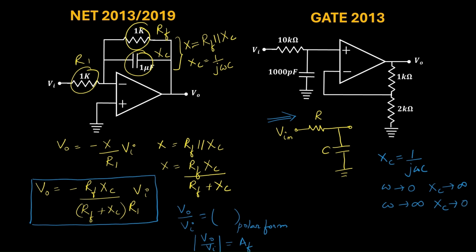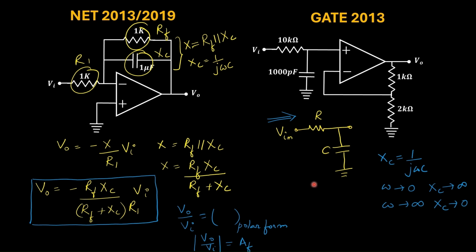So if the signal which is coming contains a high frequency, then the high frequency will go towards this branch and only the low frequency will be transmitted. So basically this is a low pass filter.